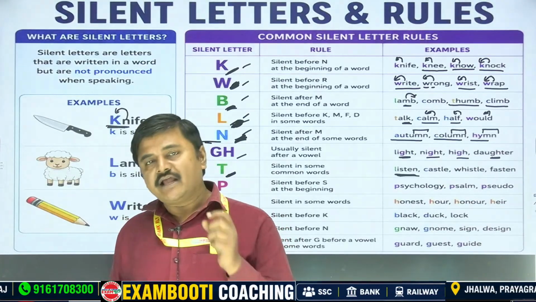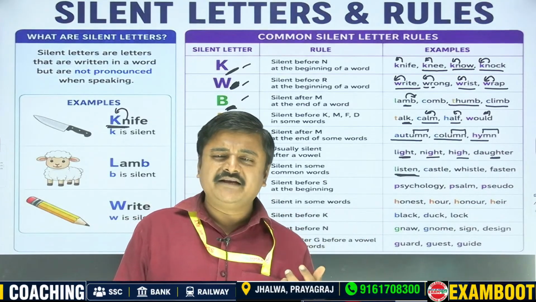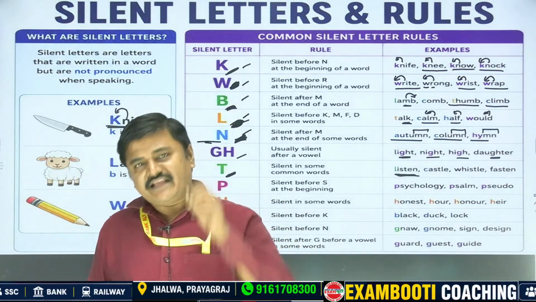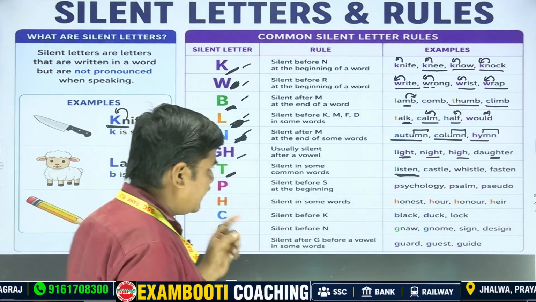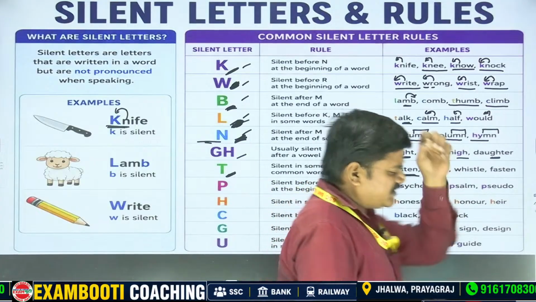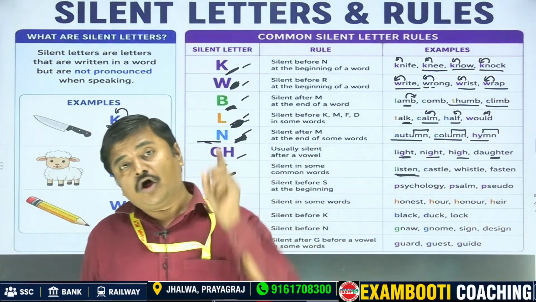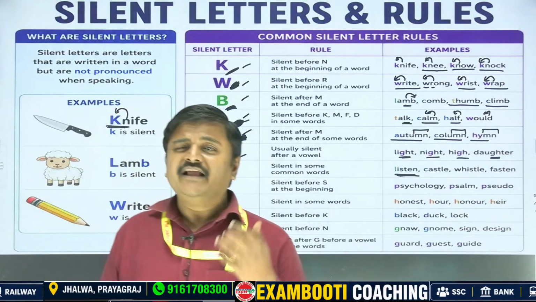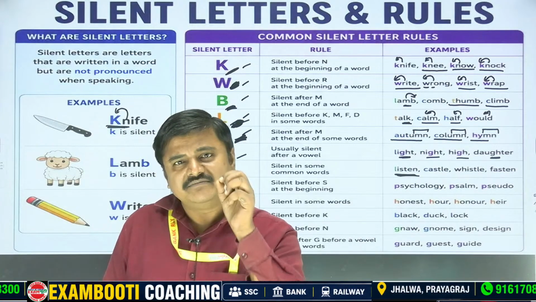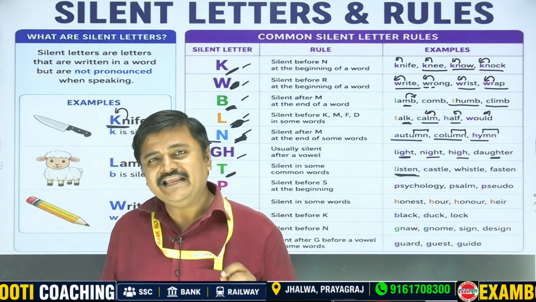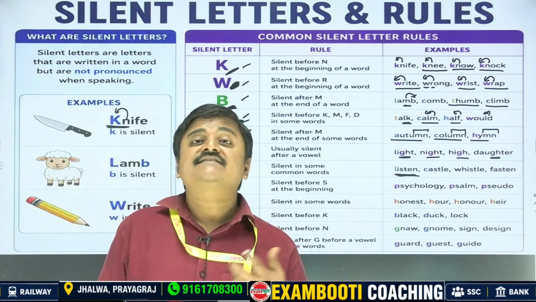So you have to be focused, you have to be very precise in this case. This is not a universal rule, but you can have a certain parameter: if T comes just after S, in most of the words, not in all the words, that T is most probably silent.